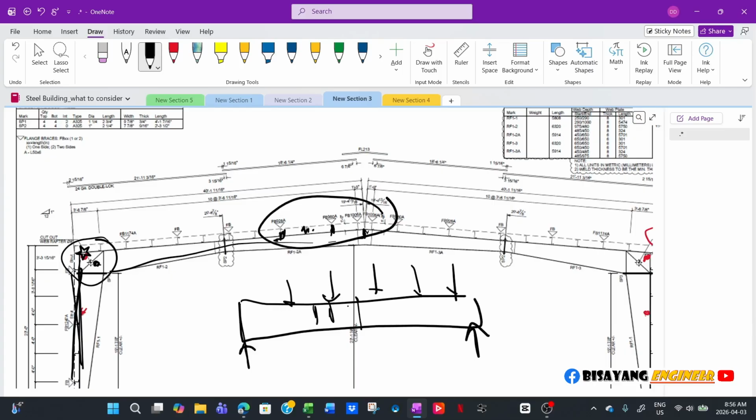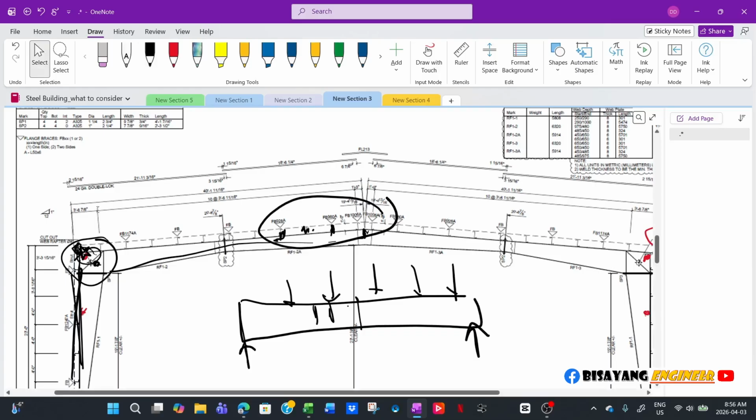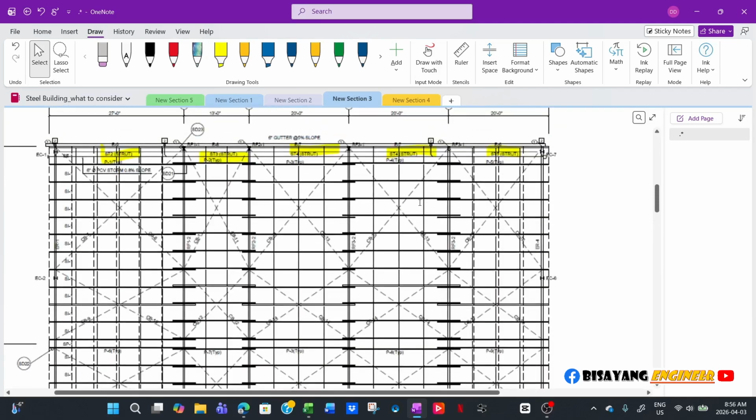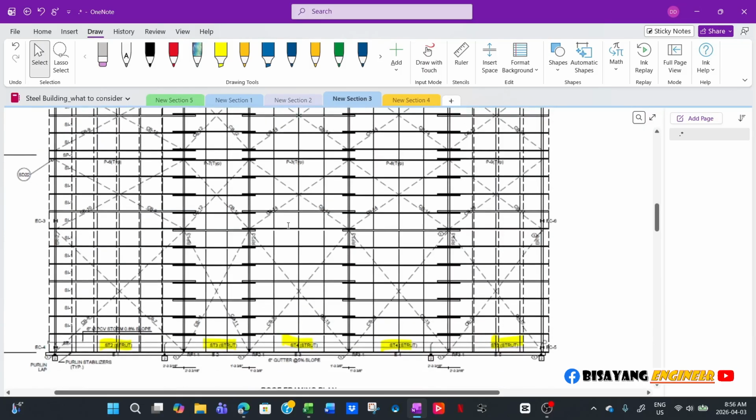So maybe in this situation, the purlins here, or what's called the eave strut, is not enough to transfer the load. Then it's much better to have a separate strut. But the manufacturer, the steel manufacturer that we work with, we don't have this luxury, because, like I said, we are using a different system.